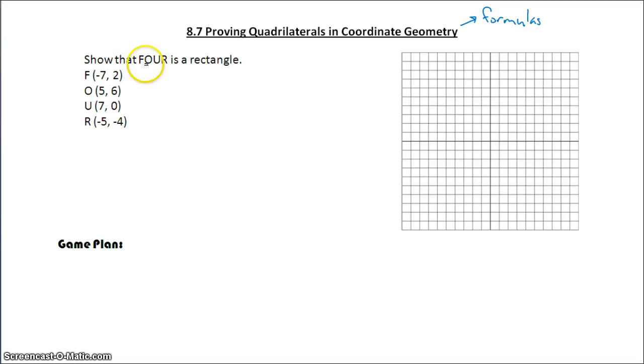So if I want to prove that FOUR is a rectangle, I first want to plot those 4 points. And I'm going to connect those 4 points with line segments.